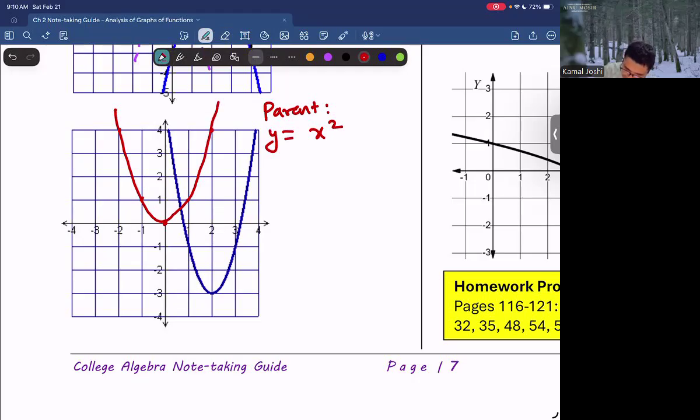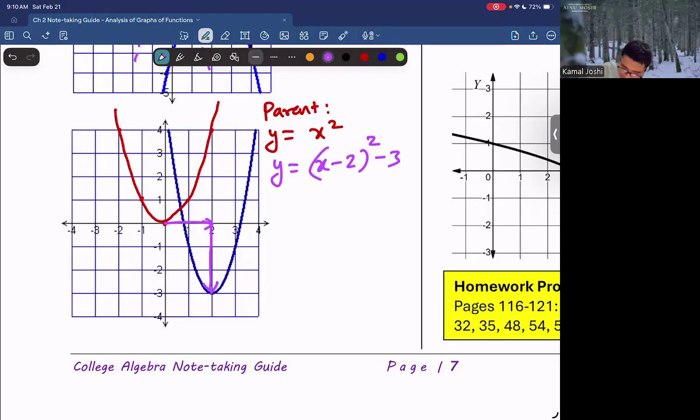And then it has been shifted right 2 units and down 3 units. So y equals, and no reflection this time, x minus 2 whole square minus 3.